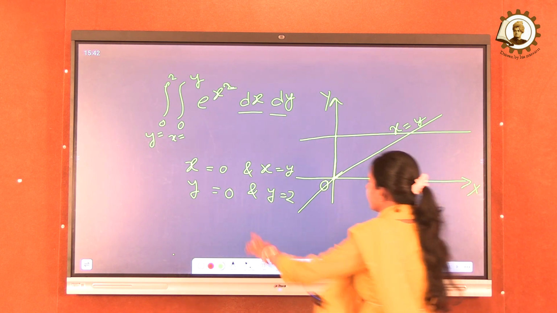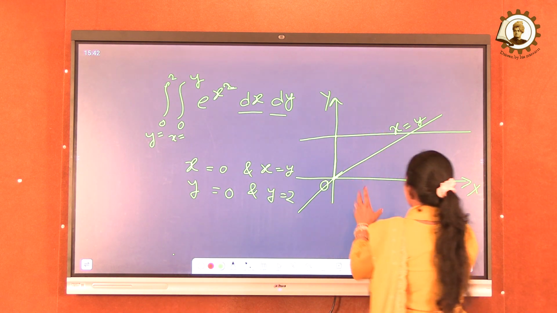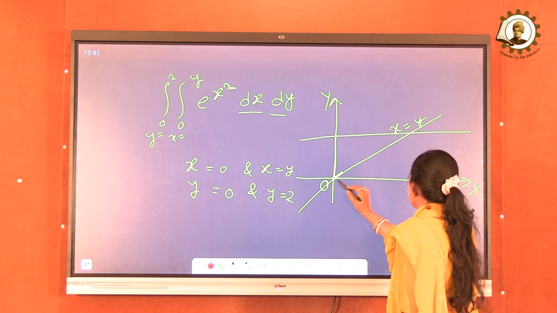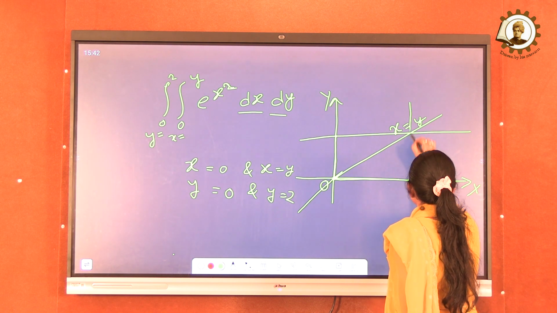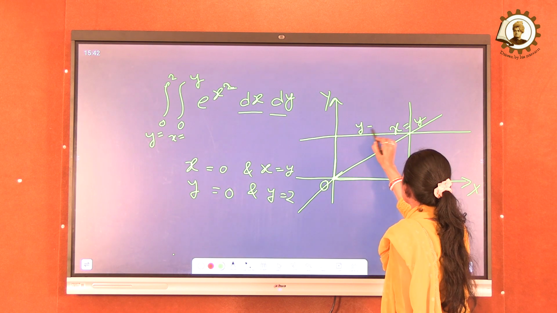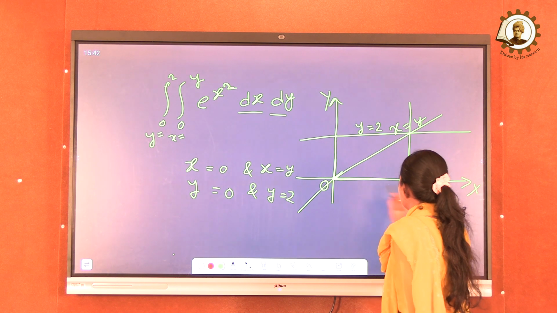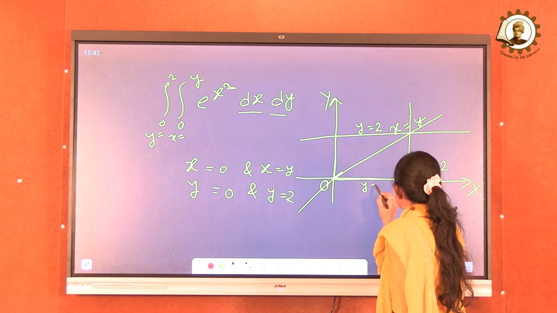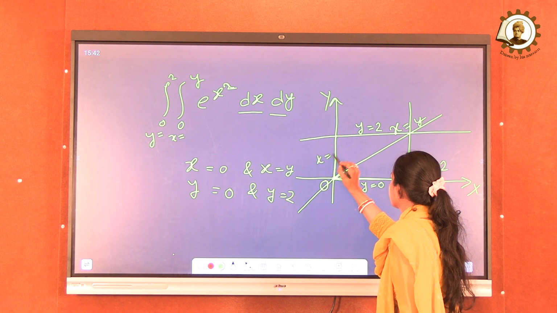So now let's move to the graph, and here it is x equals 2, and this is y equals 2. Here is the y equals 0 line, and here is the x equals 0 line.